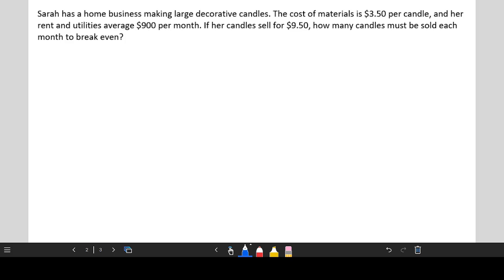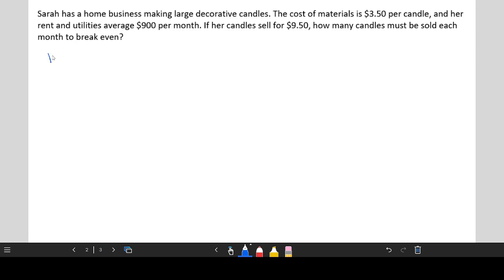So we have her monthly expenses, and we have her revenue per candle. And so the question is then, she wants to at least break even, hopefully make some money, but she at least doesn't want to lose money.